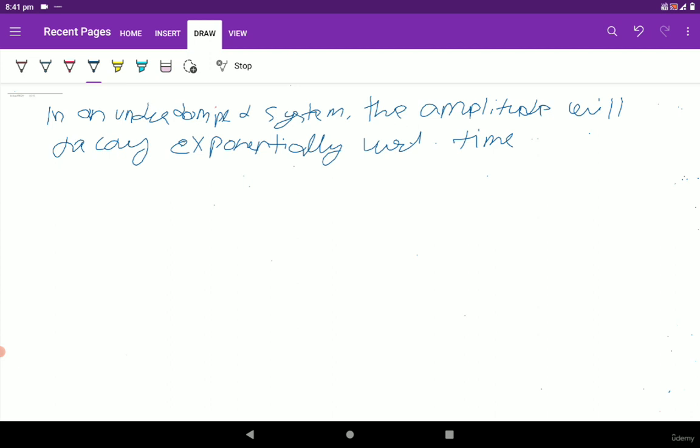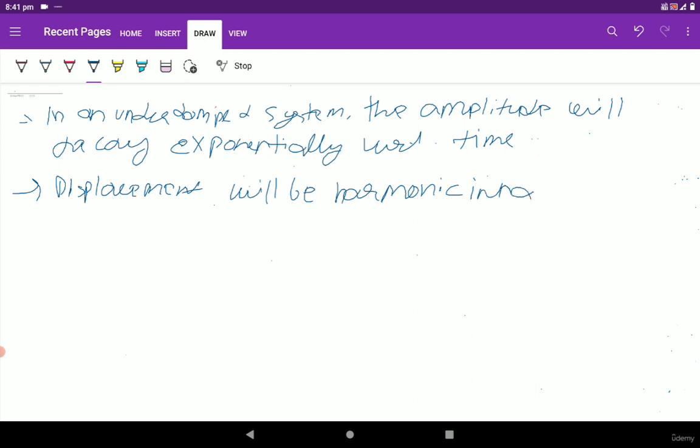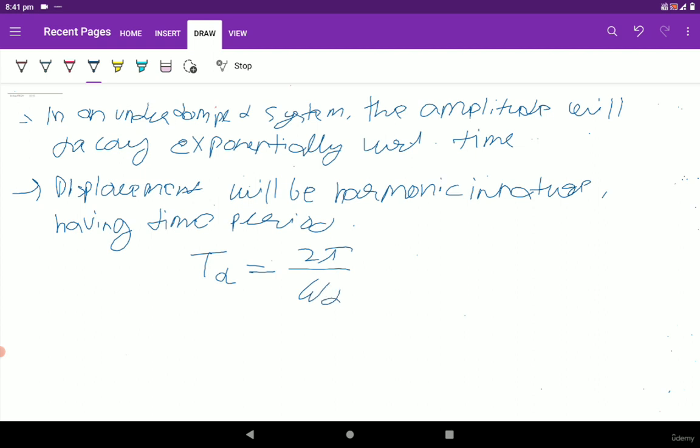So displacement will be harmonic in nature, having time period T equal to 2 pi by omega d.